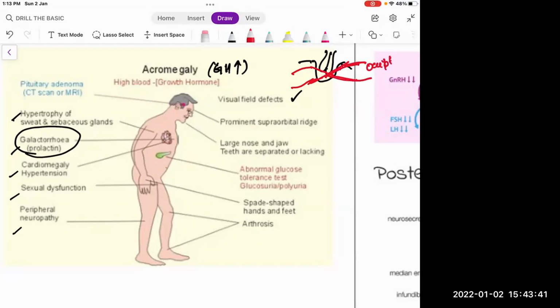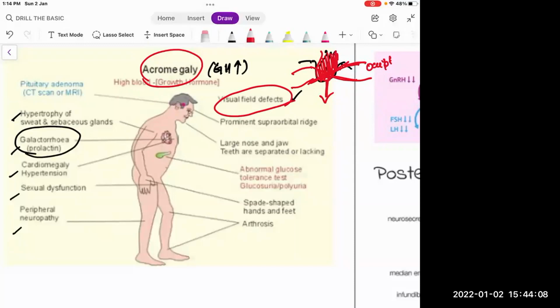So if the person has acromegaly, you have to look into what the cause is for this excessive growth hormone in adults. The most probable cause will be pituitary adenoma, so enlargement of the pituitary gland will be seen. This enlargement of the pituitary gland will compress the optic chiasma, leading to visual defects.